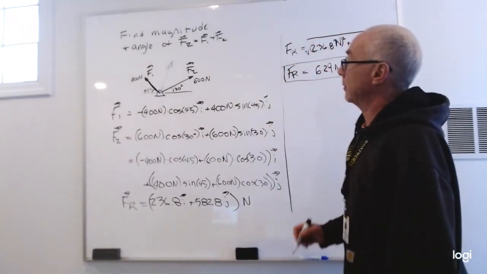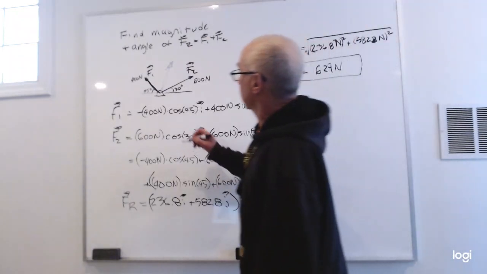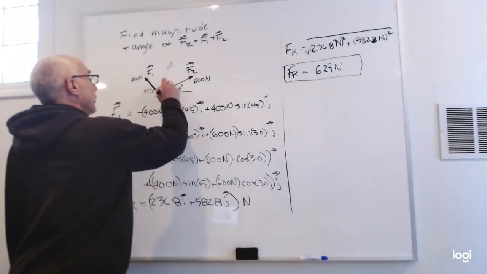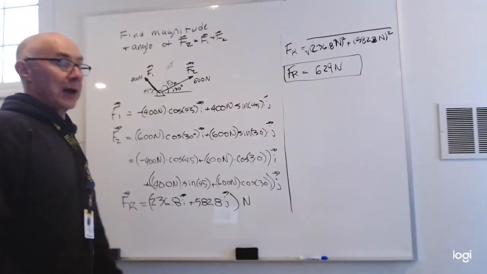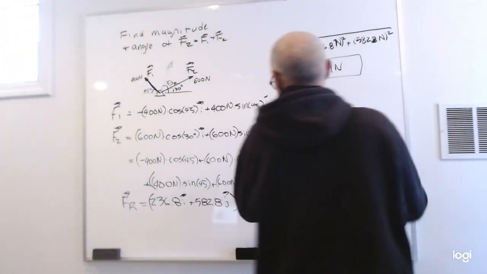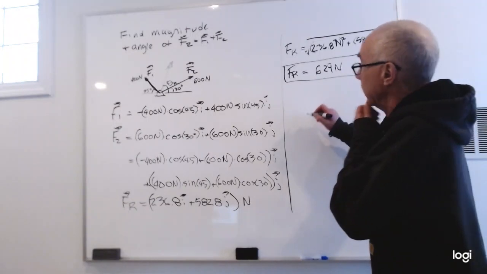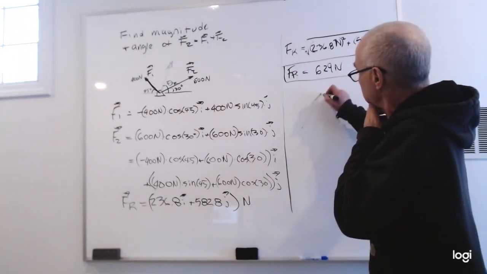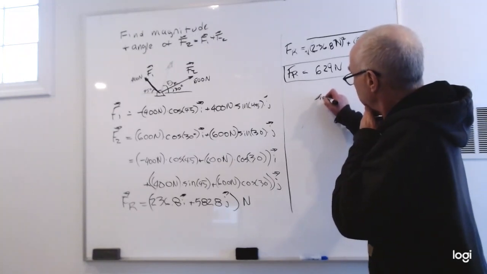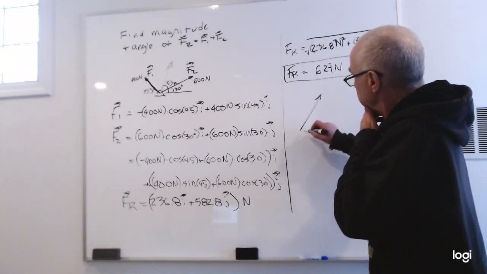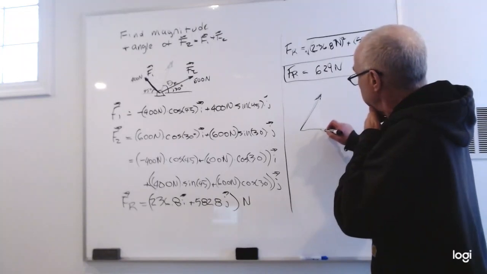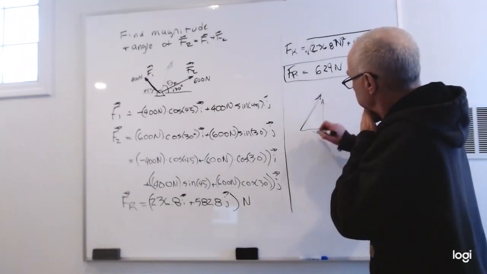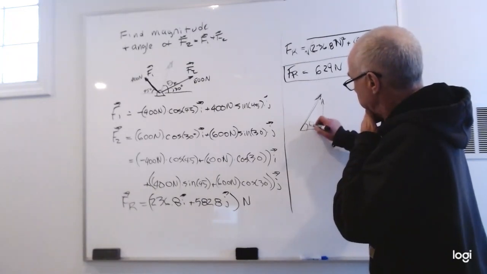And now to find the angle, essentially what I call theta R. So how do we do that? We're going to use the relationship, and I'm going to draw that vector. Imagine this is my F_R vector, and it has both a horizontal component and a vertical component. And here is the value of theta.